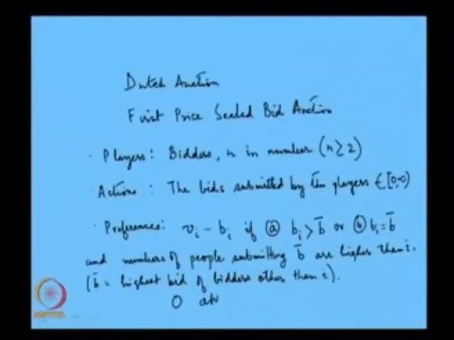And the payoff is 0 otherwise. So if the bid of this player is less than B bar, or it is equal to B bar but the index of other players is lower than i, then person i does not get the commodity and he gets a payoff of 0.